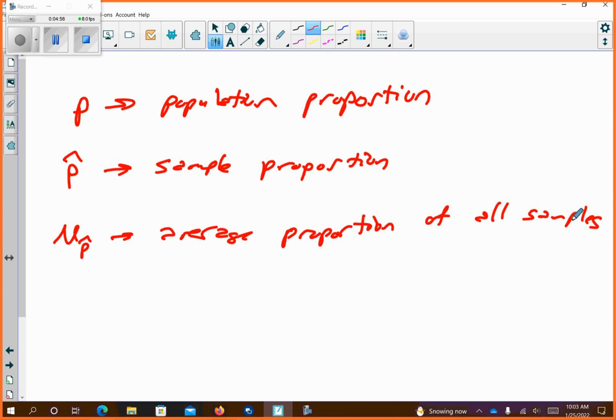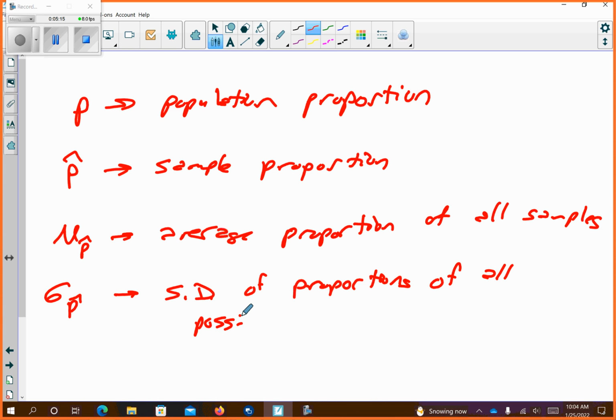And then we have this sigma P hat. This is the standard deviation of the proportions of all possible random samples, which is called the standard error.